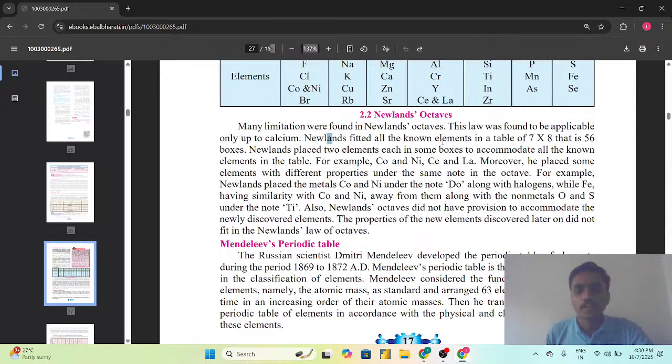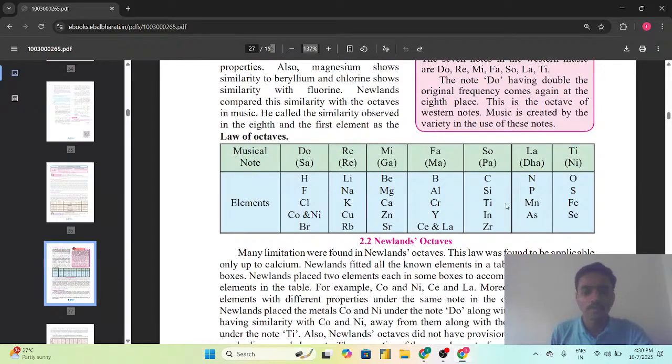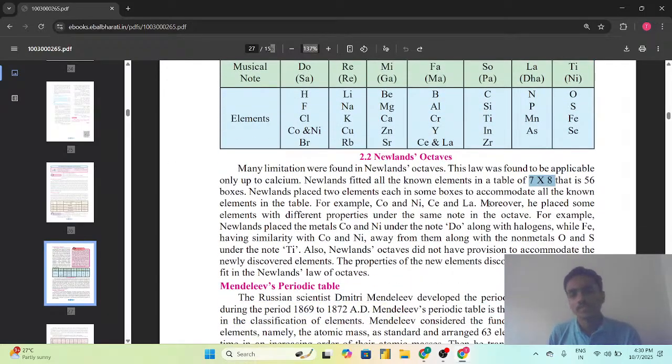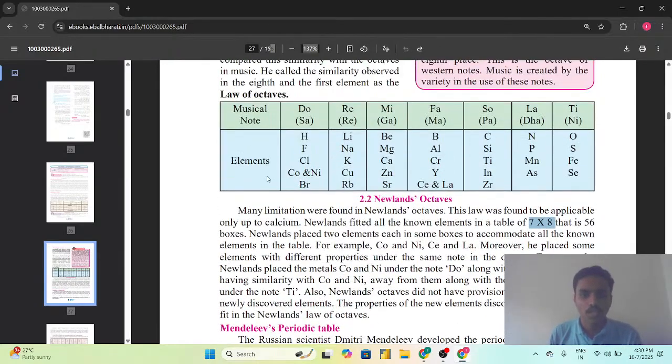So Newlands fitted all the known elements in a table of 7 by 8, that is 56 boxes. So he was able to classify 56 elements of the periodic table. Newlands placed two elements in some boxes to accommodate all the known elements in the table. As we can see in the chart given here, cobalt and nickel are placed in the same box.